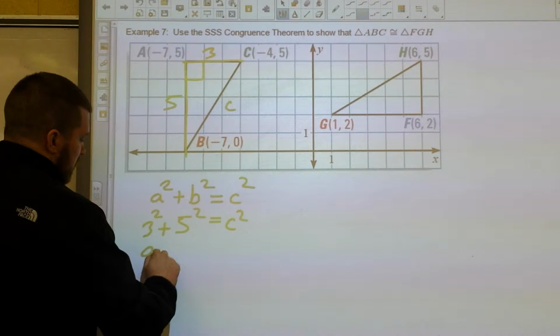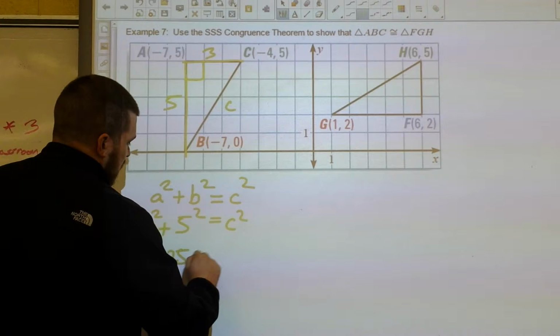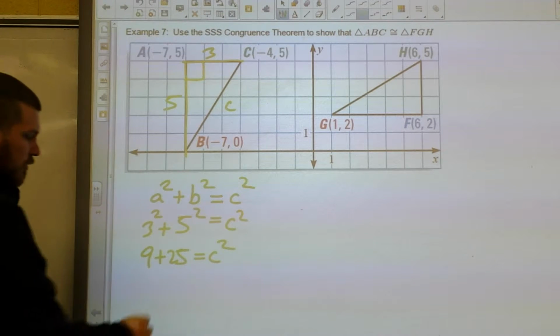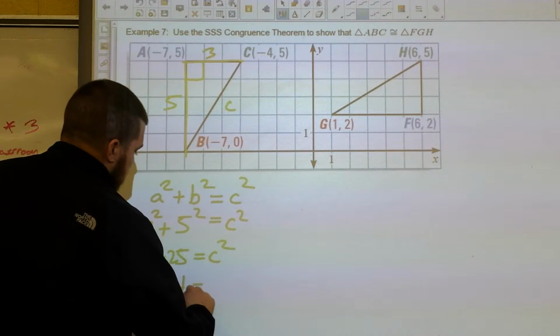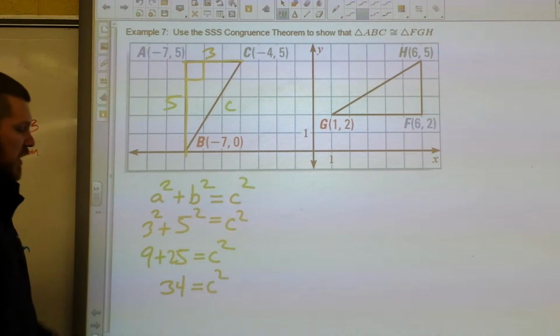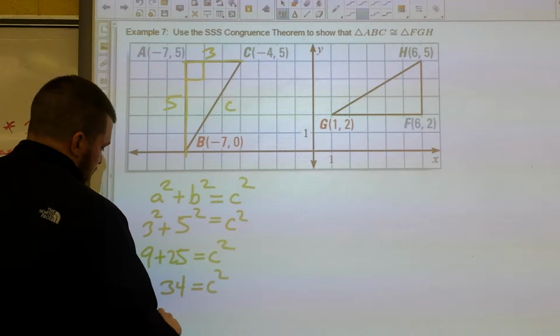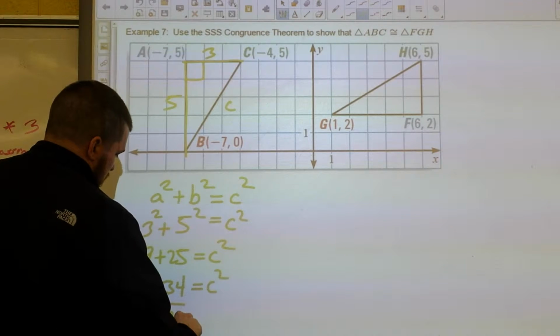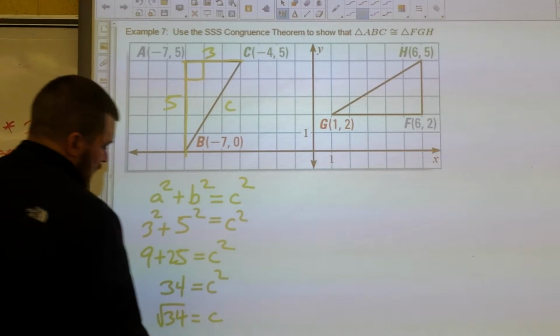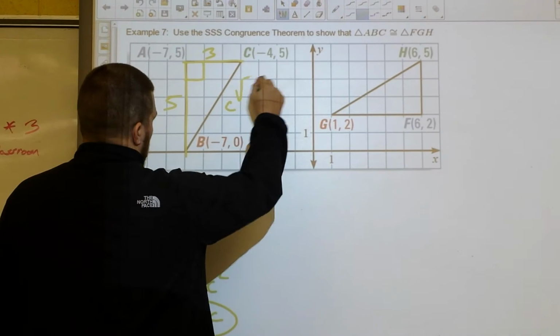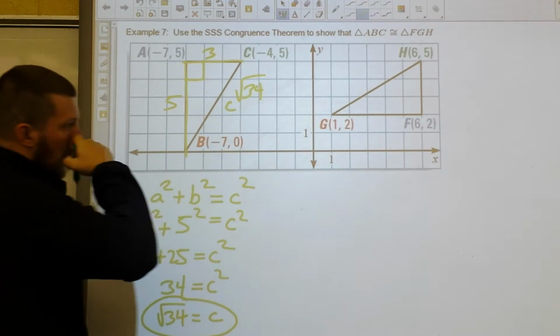So I have 9 plus 25 equals C squared, and 9 plus 25 is 34. That's C squared. But I don't want C squared, I want C, so we have to take the square root on each side. So the square root of 34 equals C. I'm going to leave that alone. You could turn that into a decimal if you want. I'm going to leave it alone.